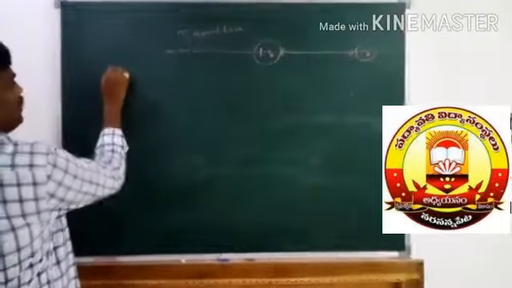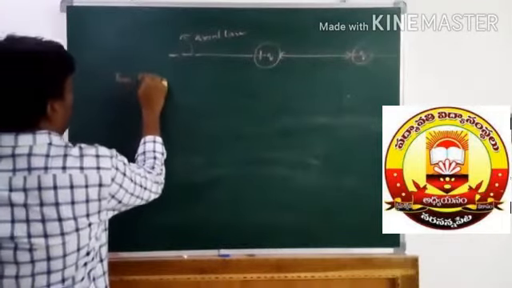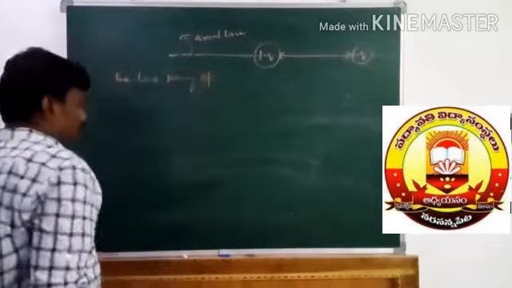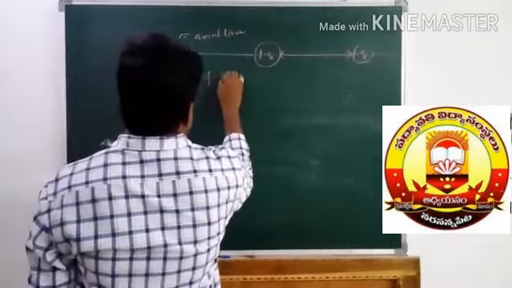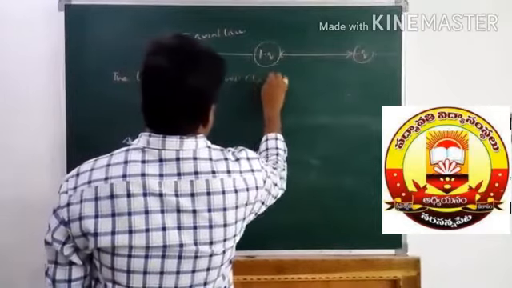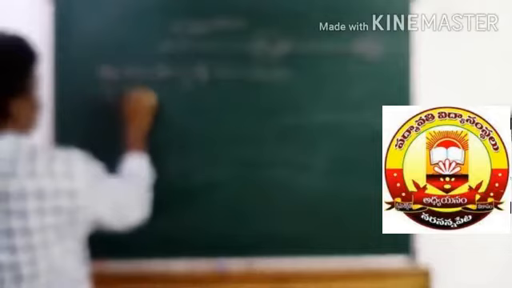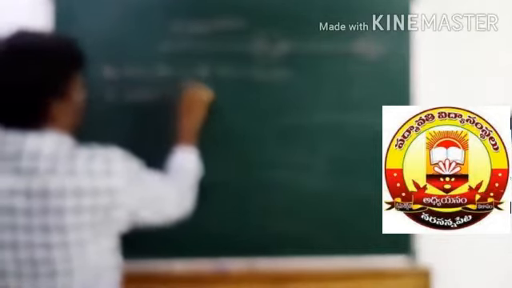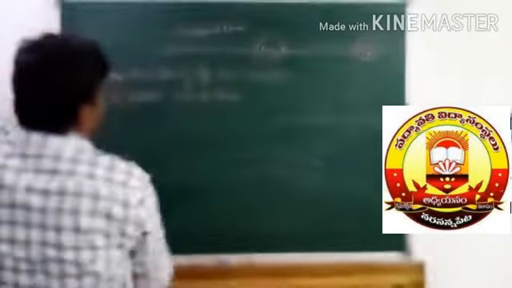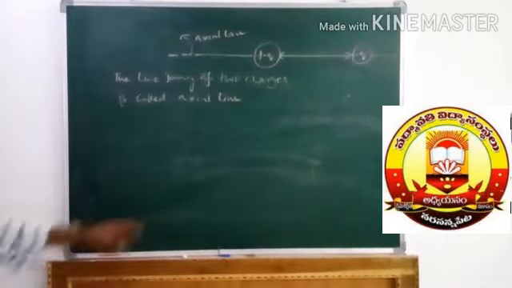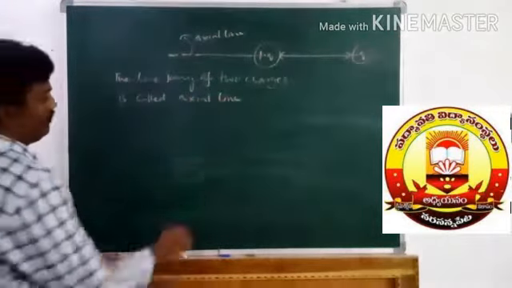So the line joining the two charges is called the axial line.